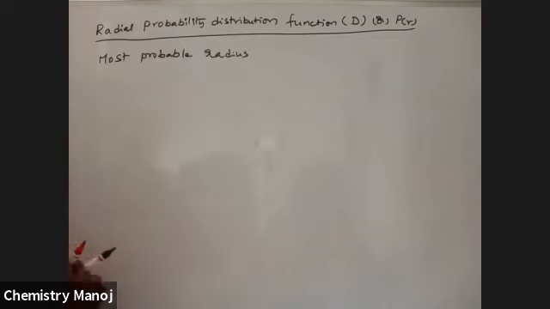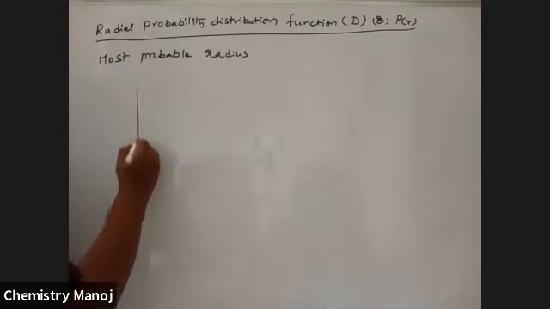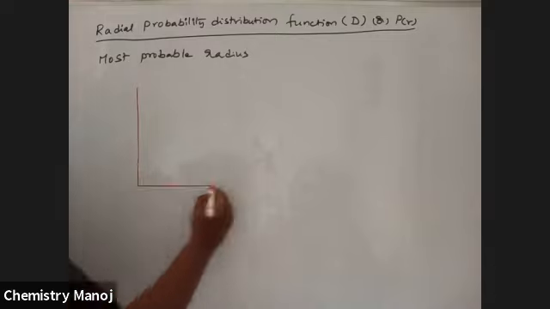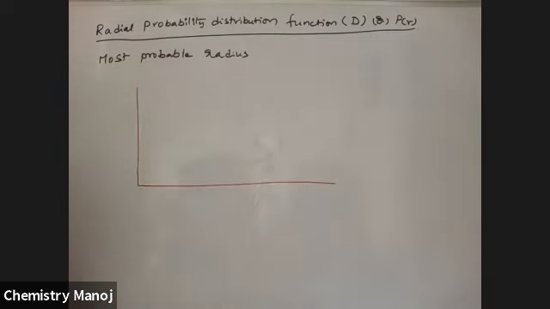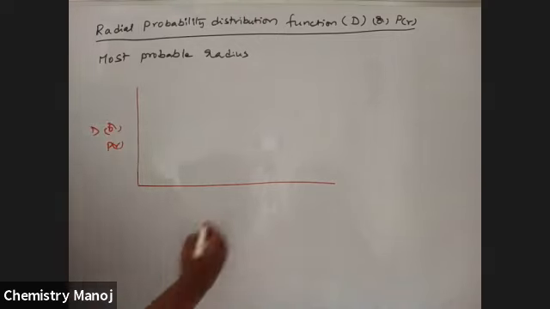So see here. This is the radial probability function, and this is r.